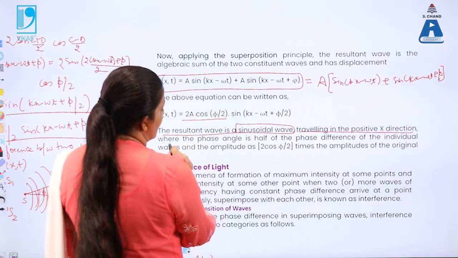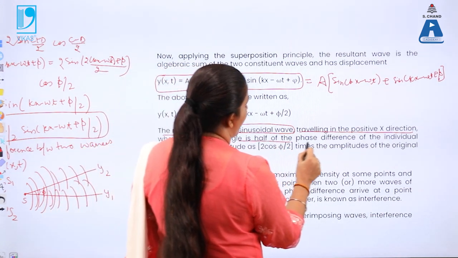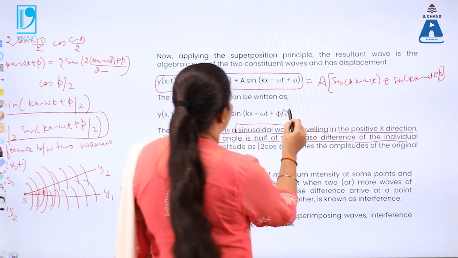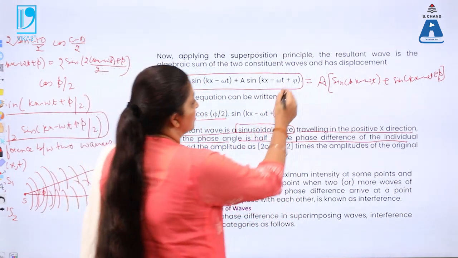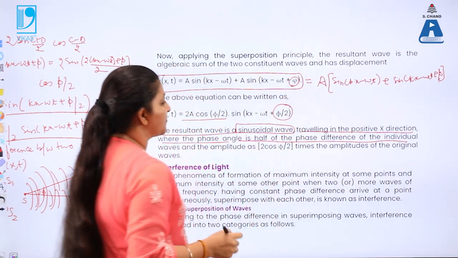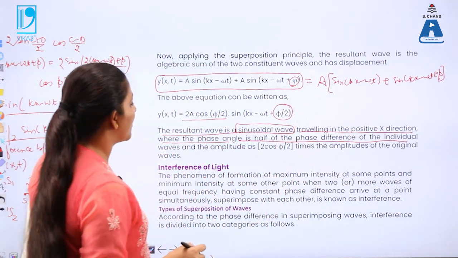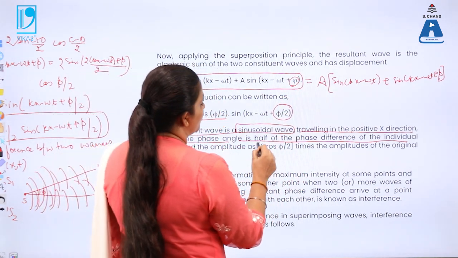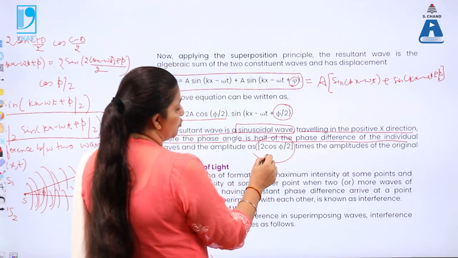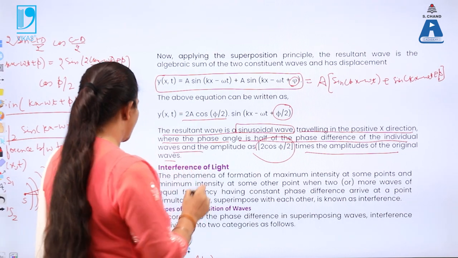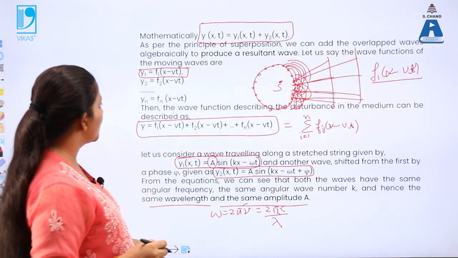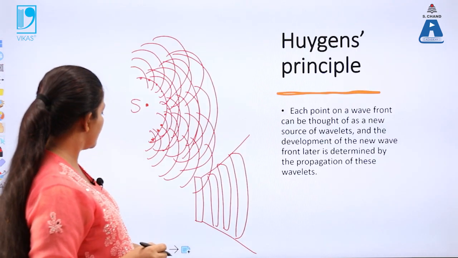Also the phase angle is half of the phase difference of the individual waves. In the two waves the phase difference is phi, but here we are getting phi by 2, and the amplitude is enhanced, which is 2 cos phi by 2 times the amplitude of the original wave. So this is about the superposition principle.